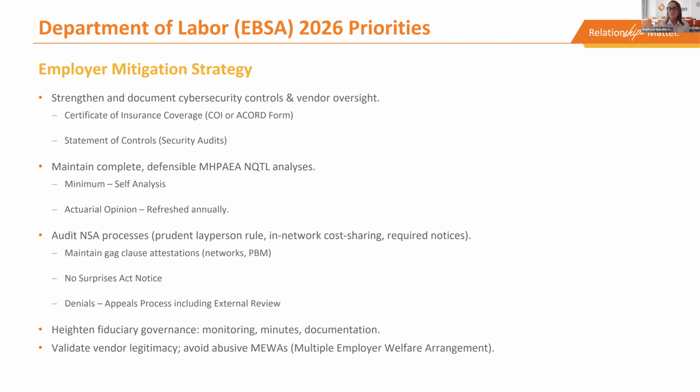Ask your TPA, ask your fully insured medical carrier, how do those benefits under the NSA get reviewed? And then again, like anything, the next one is have your documentation available. That's core critical. And if you're part of a multiple employer welfare arrangement, please work with them to understand where the risks may fall.